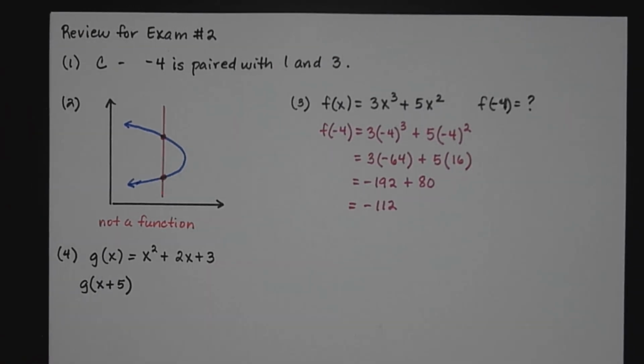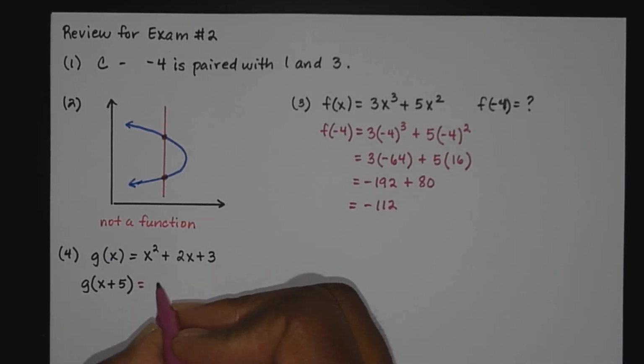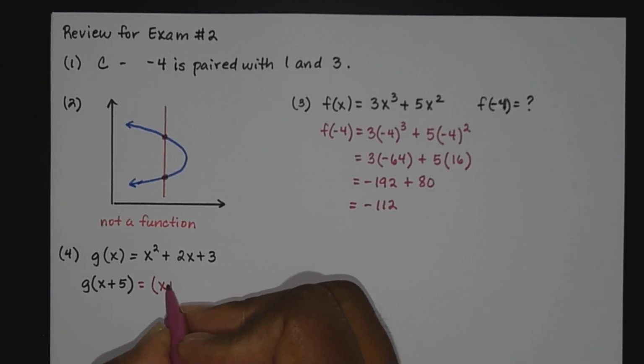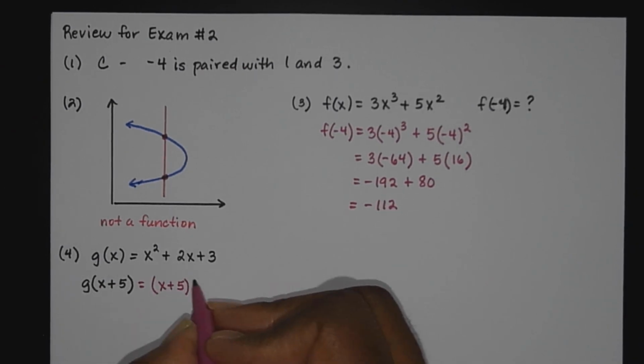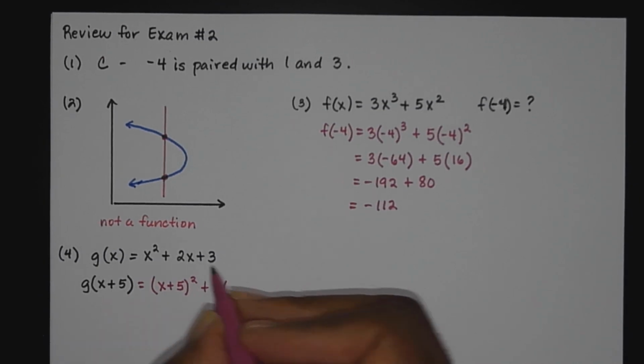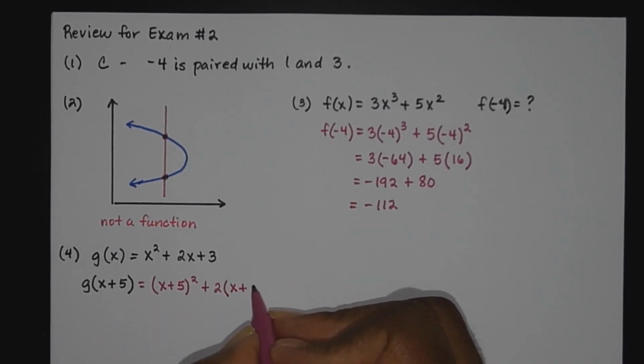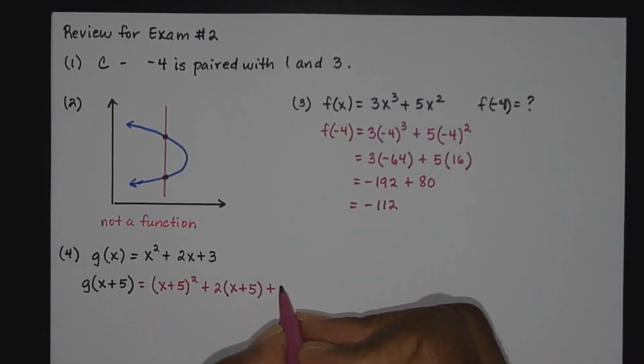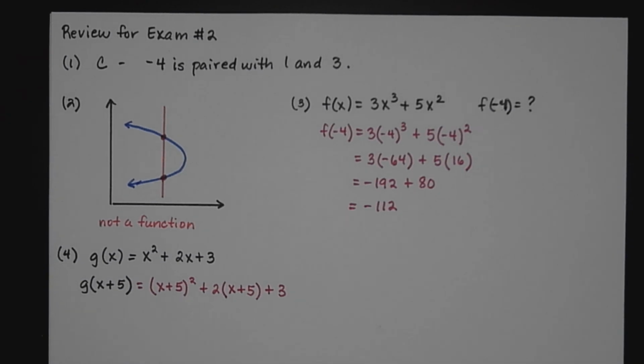Here we're not looking for a numerical value, we're looking for the expression after replacing each x with x plus 5. So this x will be replaced with x plus 5, and that's squared, plus 2 times x plus 5, and then plus 3.